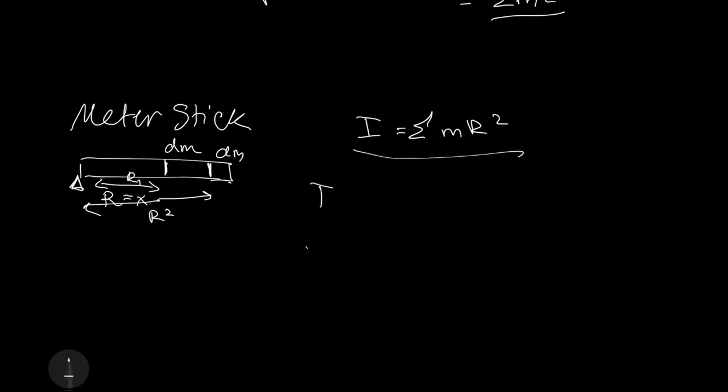Instead, we will have to use an integral, and the integral will be r squared dm, because as you saw here, this dm can be infinitesimally small, but these r's will never be infinitesimally small. I mean, they can be, but at least in this scenario, it's definitely something that is not.